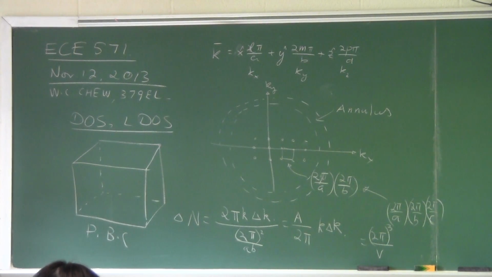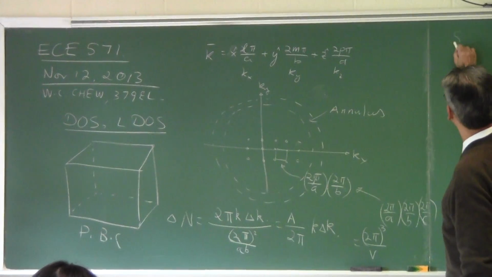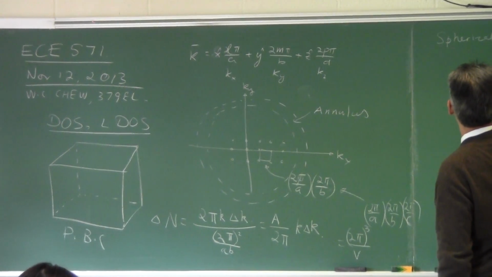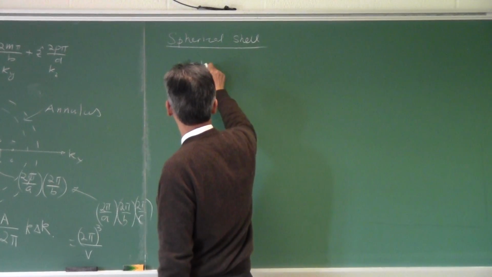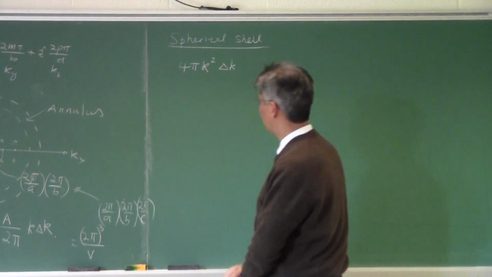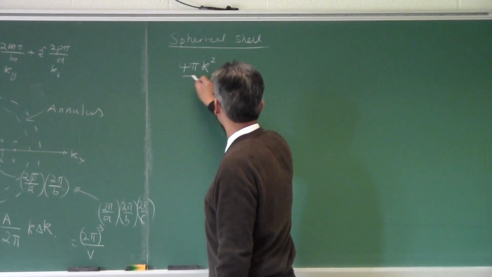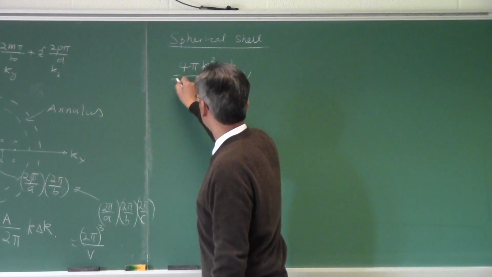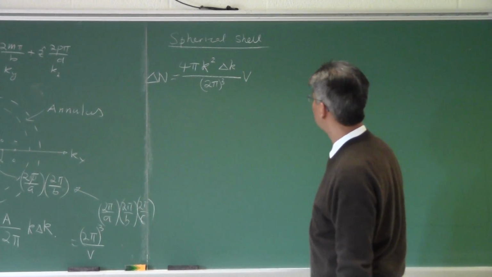If you have a spherical shell, then that spherical shell has volume 4 pi k squared delta k, and if you divide by this volume, that gives you the number of modes in a spherical shell in k space.